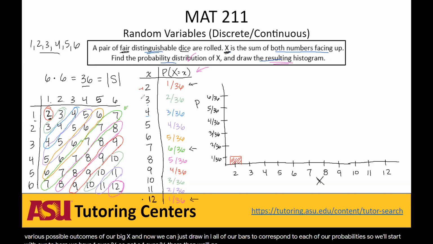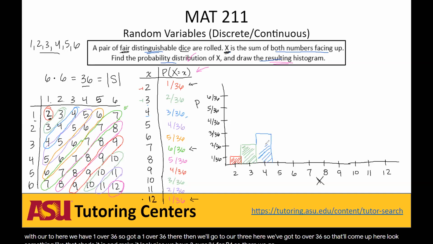Then we'll go to our 3 here. We've got 2 over 36, so that'll come up here, look something like that. Shade it in to make it look nice. We have 3 over 36 for our 4. So there we go. Shade that guy in a little bit there.